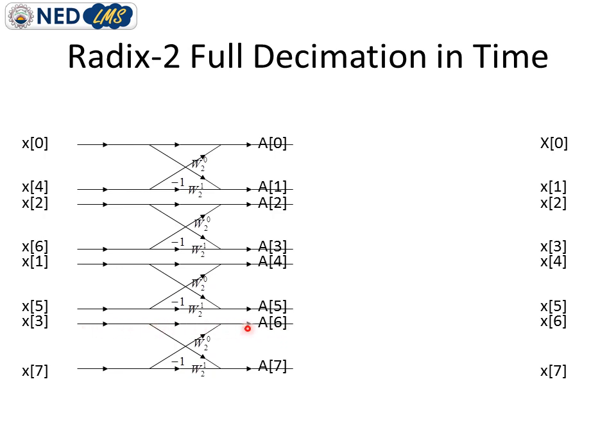A7 is equal to x3 plus the product of x of 7 with W2^1, which is -1. So here we are getting the intermediate output, which we are representing with A0 to A7, and it is the first stage output.